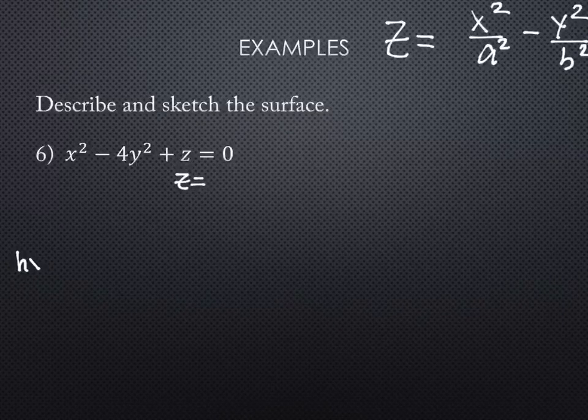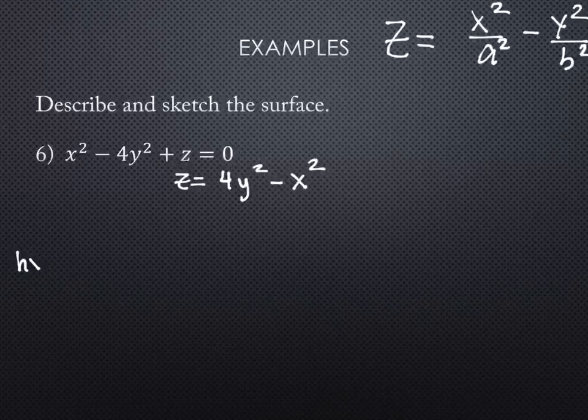I would be having a 4y squared minus x squared if I do that, right? I want the z to stay with a coefficient of 1 and not have a denominator. So I don't really want to do the division by 4 that I tried a moment ago. How can I still do it so that it represents y squared with a denominator? Any ideas?